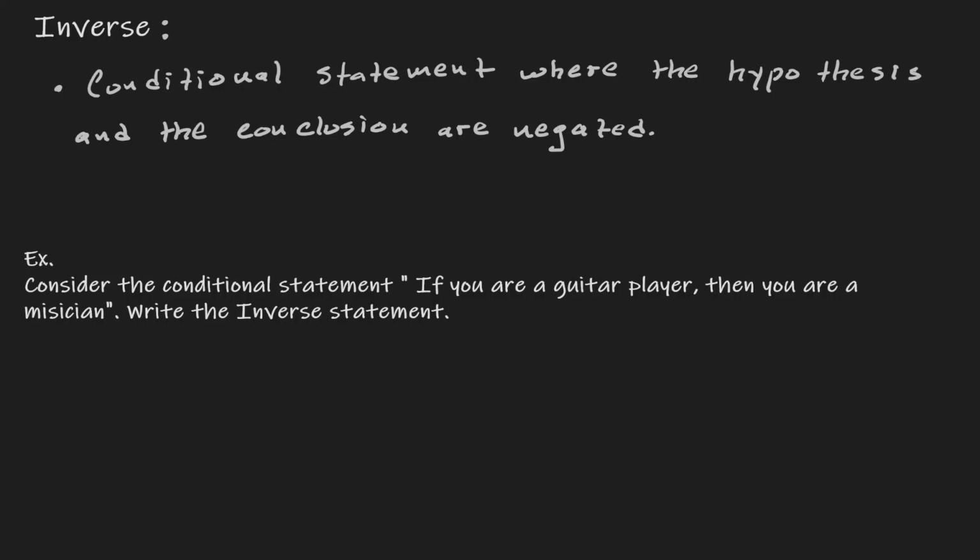If we want to represent this in symbols, let's say that we have a conditional statement P arrow Q. Therefore an inverse, since we are negating both of them, is going to look like not P arrow not Q.